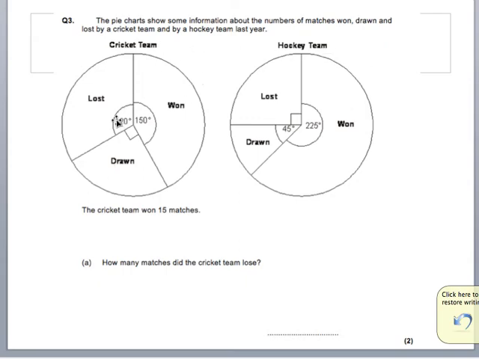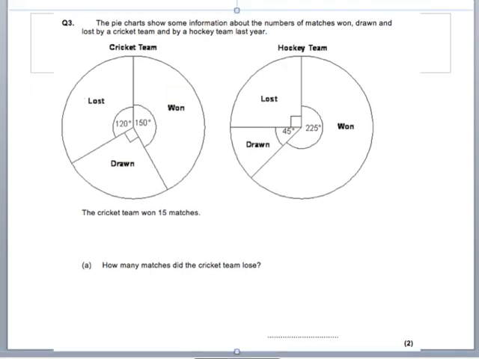In this particular question, the cricket team, it shows me, have won 15 matches. So this sector here represents the wins of the cricket team, and I am asked to work out how many matches the cricket team lose. The question already tells me that the cricket team won 15 matches, and the angle represented is 150 degrees.